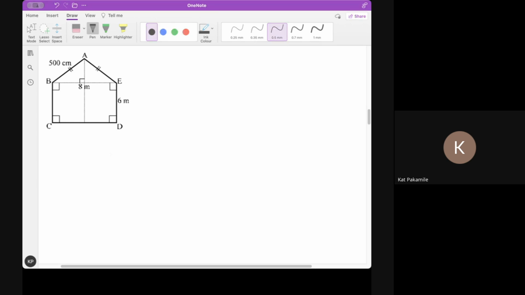So what do we do in a case like this? We separate it into two different shapes. So we're going to have, what's the shape at the bottom that I'm highlighting in yellow?